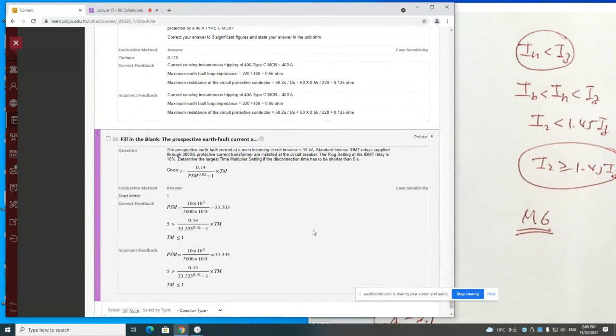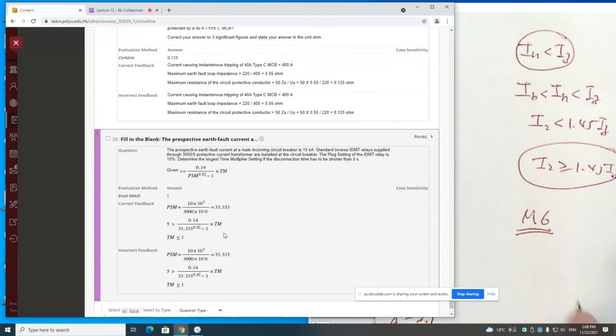I think most of you did the calculation and found the TM value, and you will find that the TM will be greater than 1.